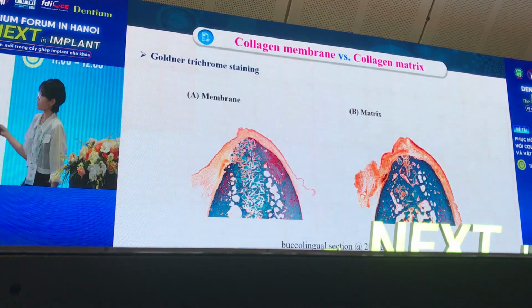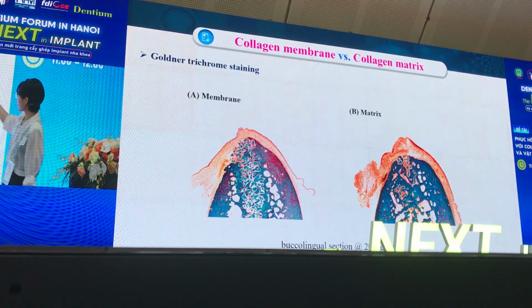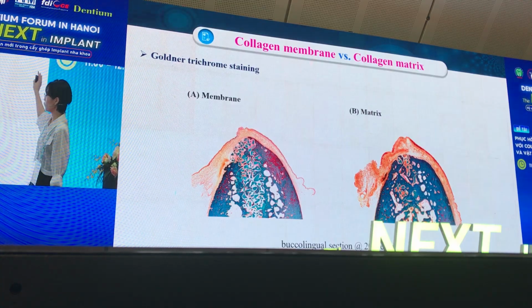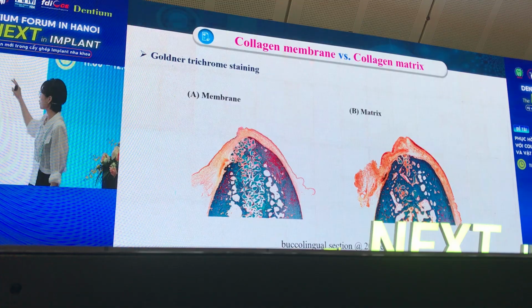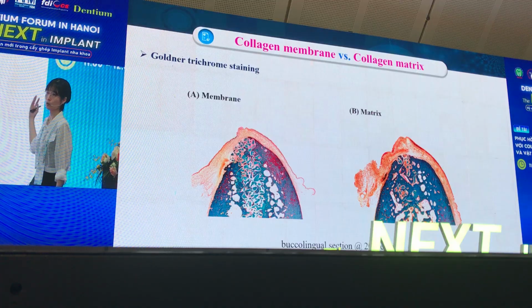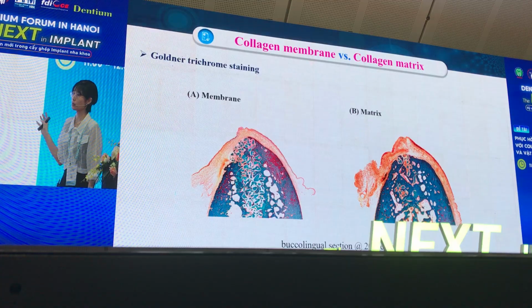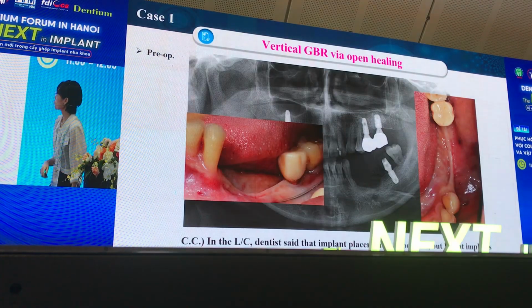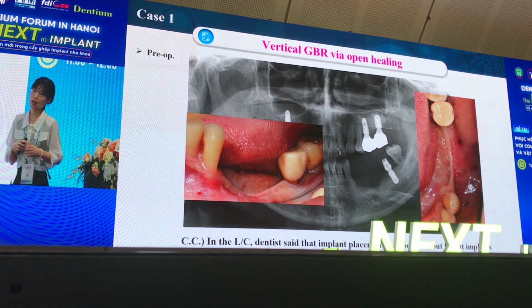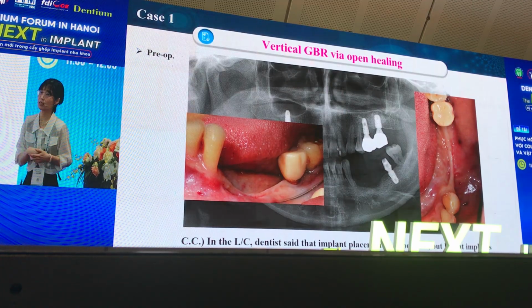And also, this histologic data shows that we can see the much thicker and also stable gingival regeneration when we use the Collagen Graft 2, and also the underneath bone regeneration shows better bone quality. So nowadays I usually use the collagen matrix, especially Collagen Graft 2, when I do the open healing.